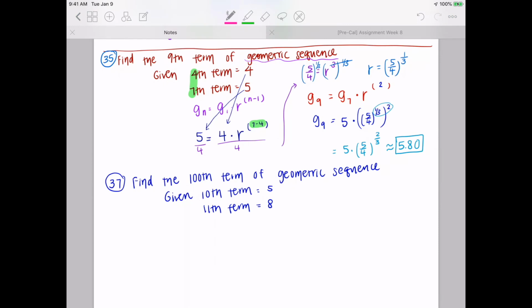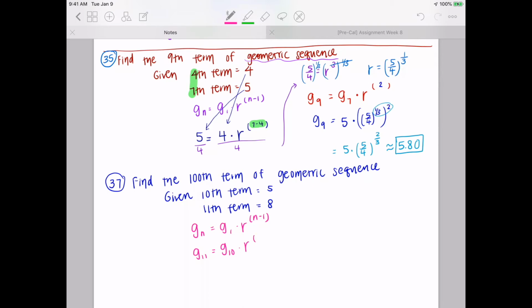So I have G sub n. Remember, G sub n equals G sub 1 times r to the n minus 1, right? This is supposed to be the formula, but since we are not given the first term, we're going to tweak this formula a little bit. Instead of the first term, we're going to have the 11th term, and we're going to put the 10th term here, times r.